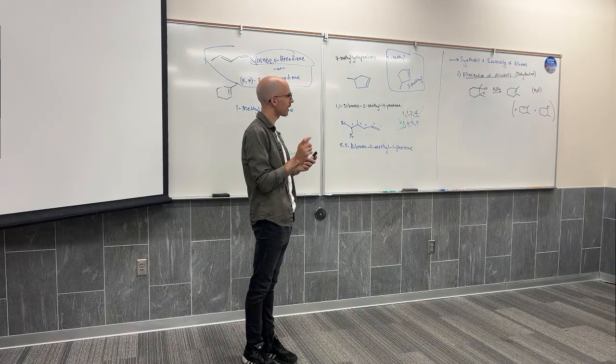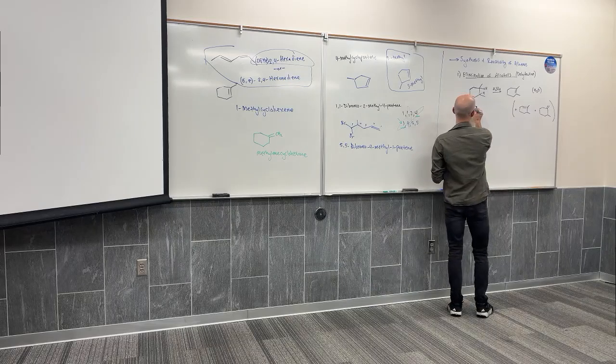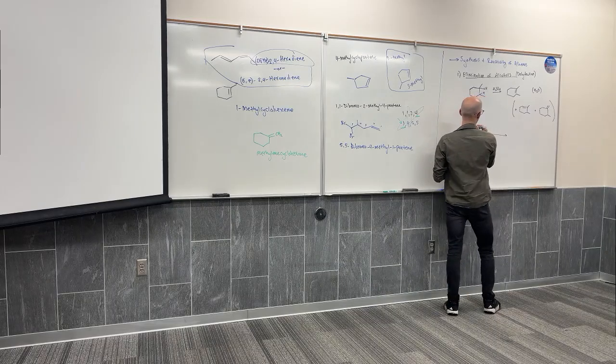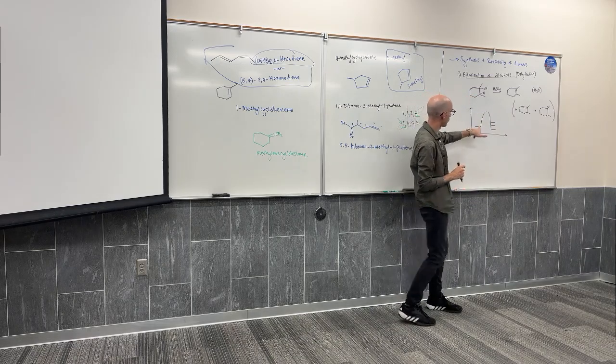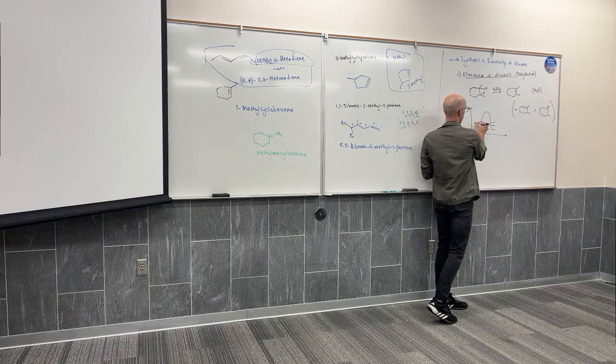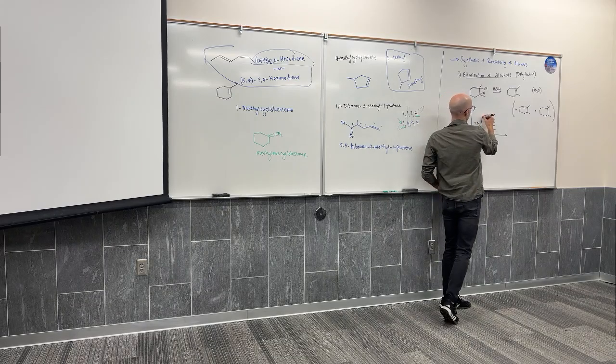All right, there was something else I wanted to demonstrate for you. If we look at this, we basically have the same starting material, the same activation energy. To be fair, there's actually a reactive intermediate that forms here.